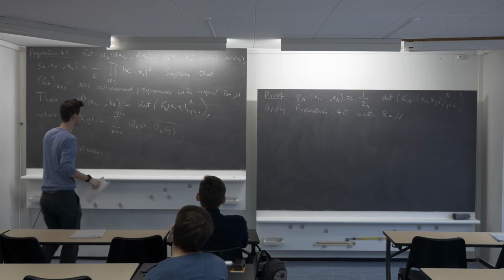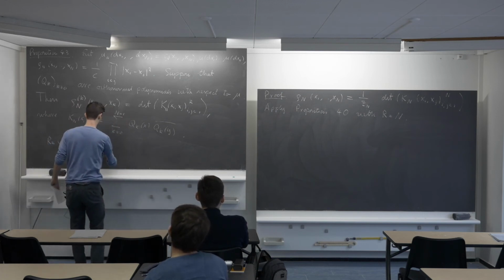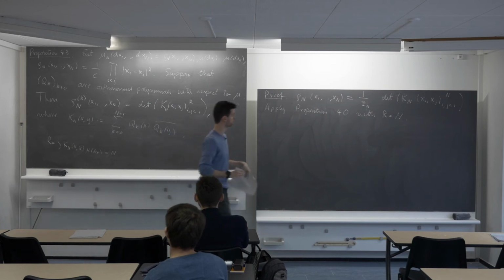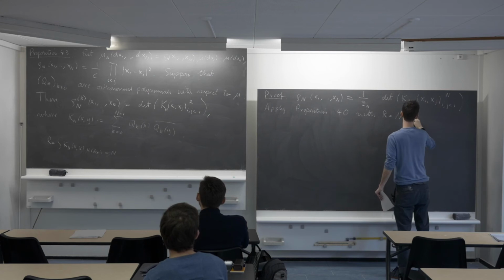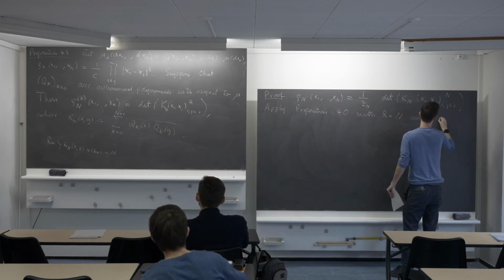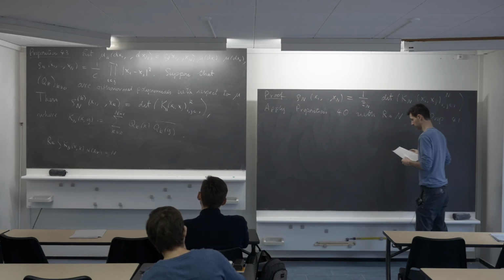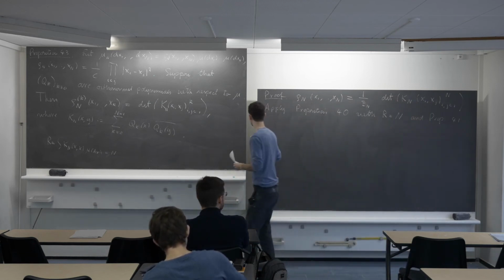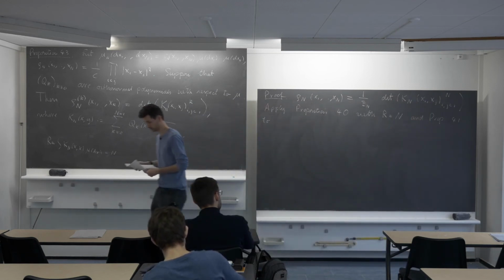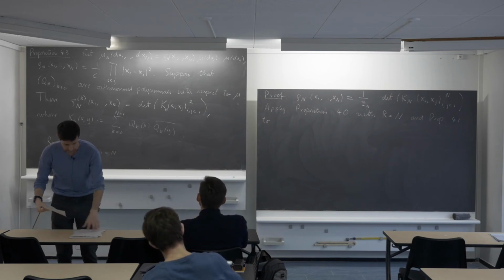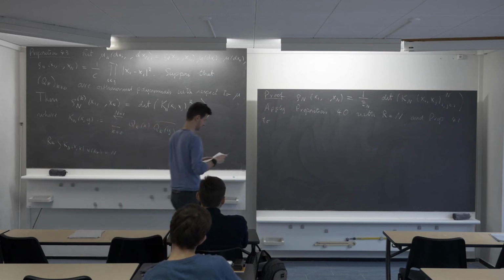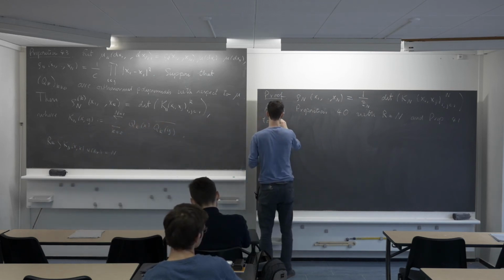And therefore r is equal to n. We apply proposition 41, which tells us, I think that was the right label, that yes, this star condition in proposition 40 is satisfied because the polynomials are orthogonal.